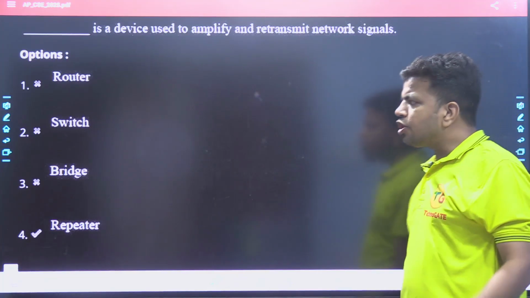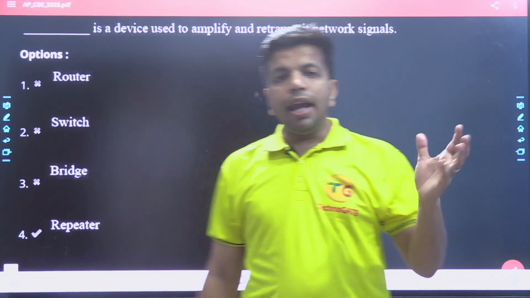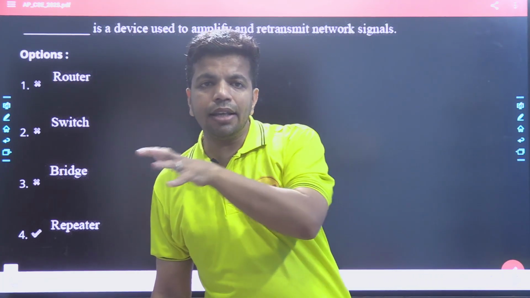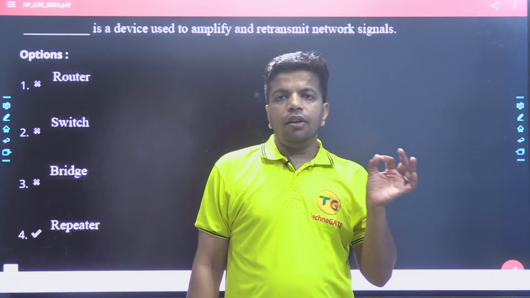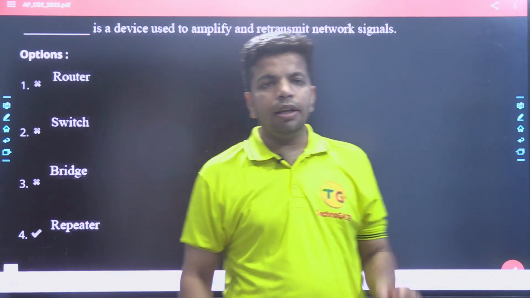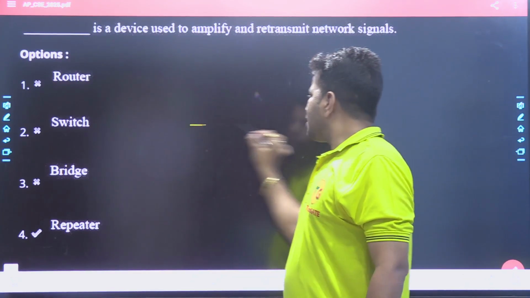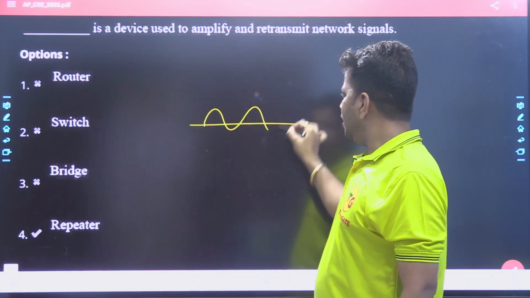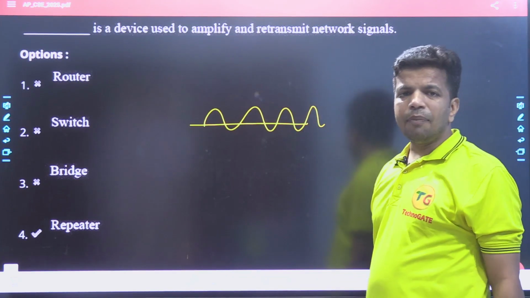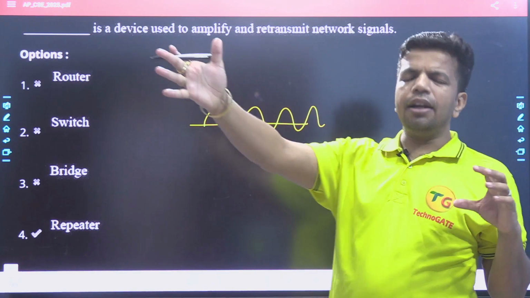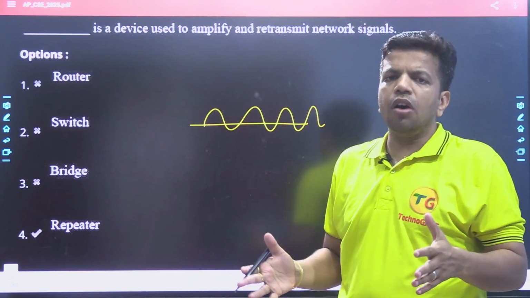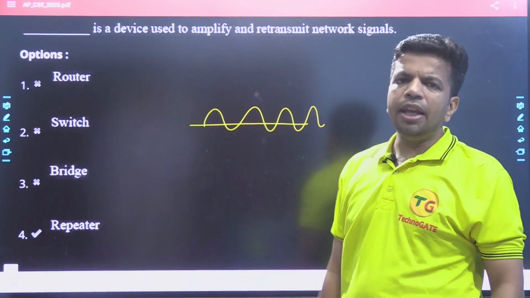Which device is used to amplify and retransmit the signals? We can go with the repeater. Each signal has its capacity; for some distance it stays strong, but after that the signal may weaken.